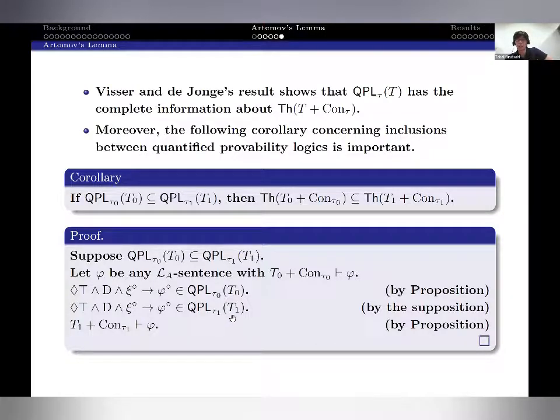Then also by the proposition, we have that T1 plus con tau 1 proves phi. So this theory is a subtheory of T1 plus con tau 1. So if T0 plus con tau 0 is not a subtheory of T1 plus con tau 1, then the inclusion doesn't hold.